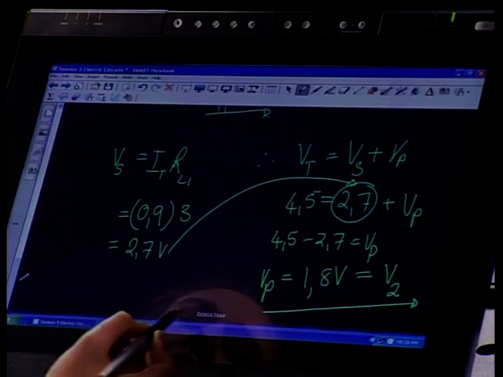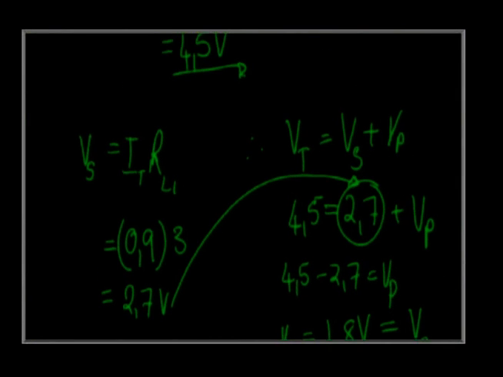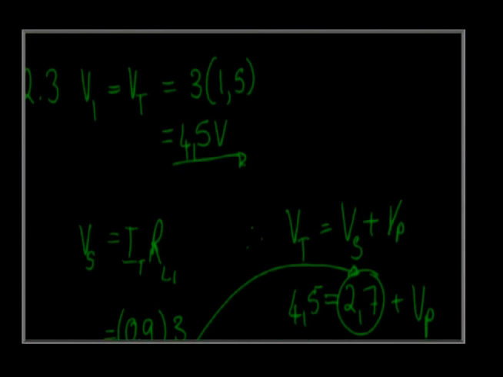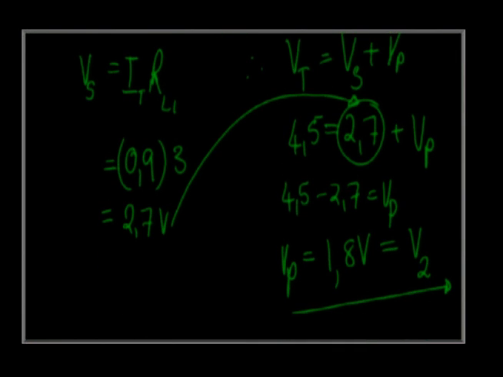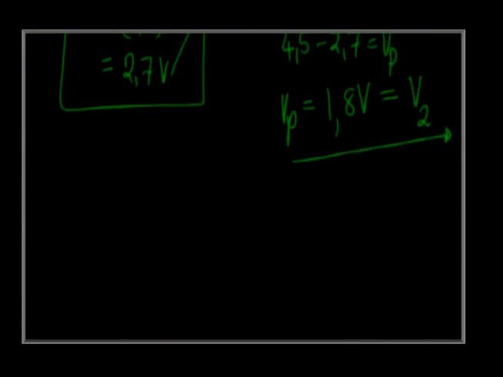What is going to be our measurement over there? We're going to look at the energy that is used up by each one of these light bulbs. Now, the measurement of energy is going to be our potential difference. So for light bulb 1, we just calculated that one. If we find it over here, for light bulb 1, the potential difference was 2,7 volts.